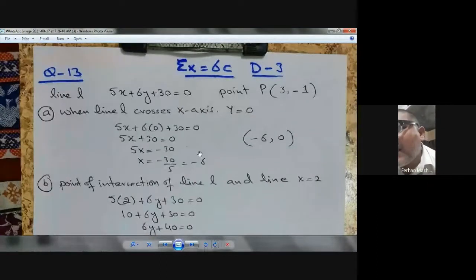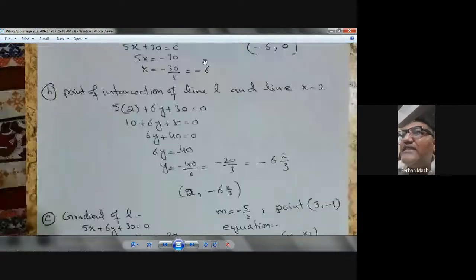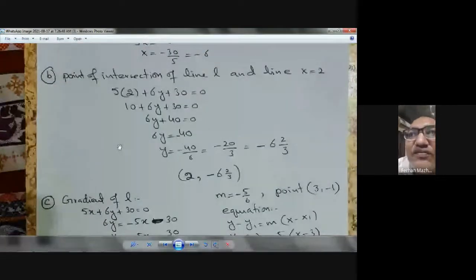The second part, the B part, says: find the coordinates of the point of intersection of the line L with the line x equals 2. So these are two lines and we will find the point of intersection.